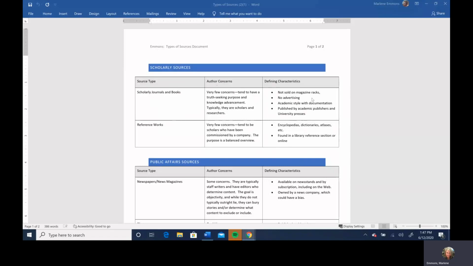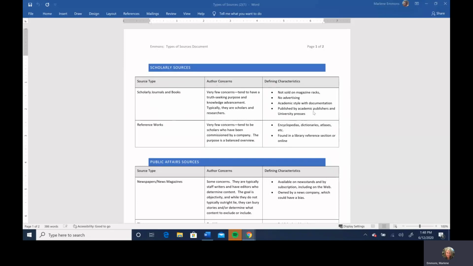Some defining characteristics are that they are not sold on magazine racks. They do not have advertising. If you were to actually pick up a copy, or even if you're online looking at them, you will see that. They have an academic style with documentation. They're saying, hey, I got this information from here, so they can be a little stuffy to read. However, we'll talk more about that later.